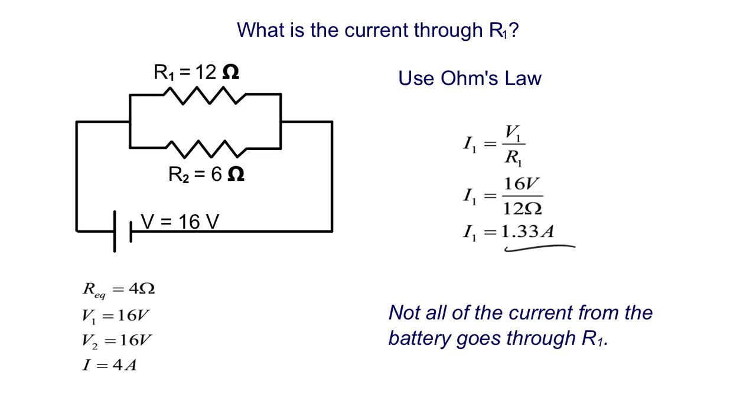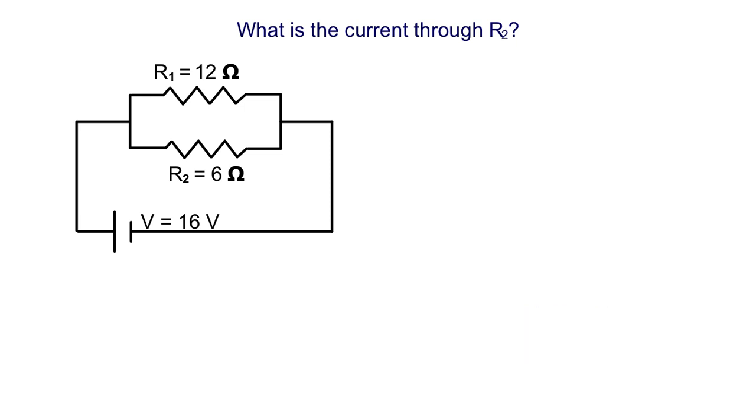So if I were to ask you how much current goes through the 6 ohm R2, all you have to do is take the total current, which is 4 amps, and subtract 1.33 from it. Or you could do the same thing we just did. Was 1.3. So that's what they're asking.